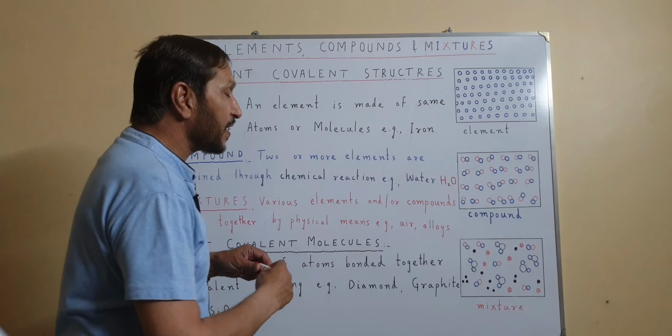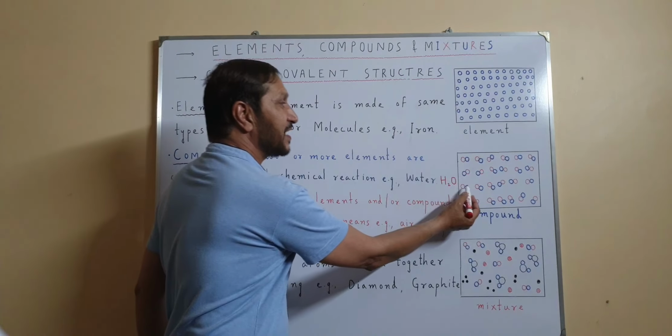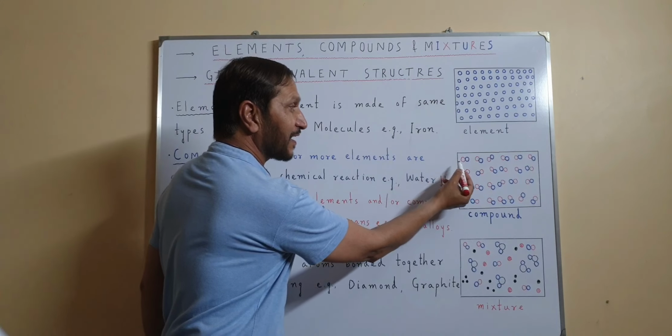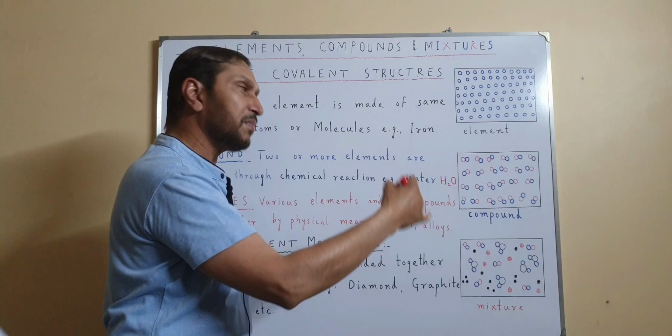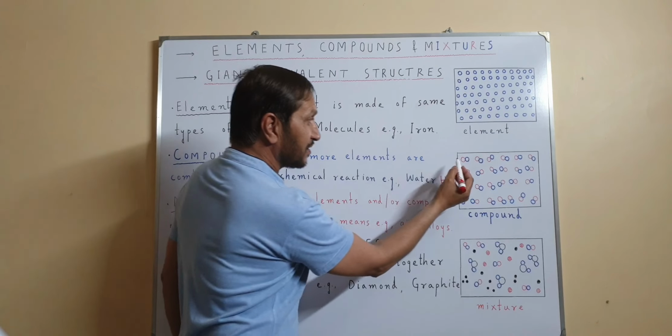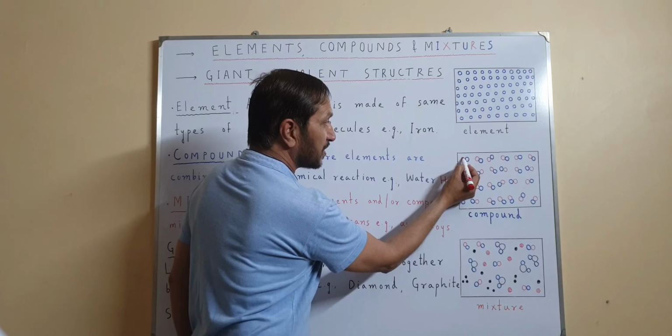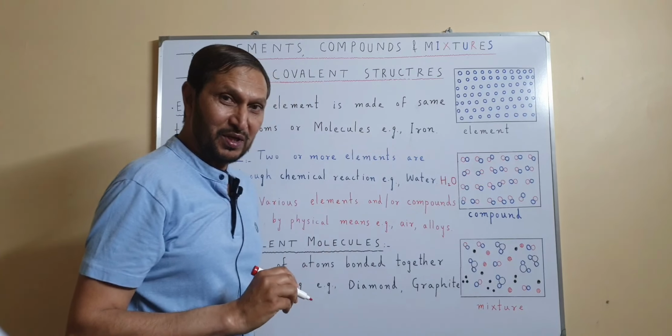Now I will also explain the compound by this diagram. Now look at this diagram. This diagram is representing, suppose, a compound. It can be sodium chloride, for instance, where this red one is showing sodium and the blue one is showing chlorine.